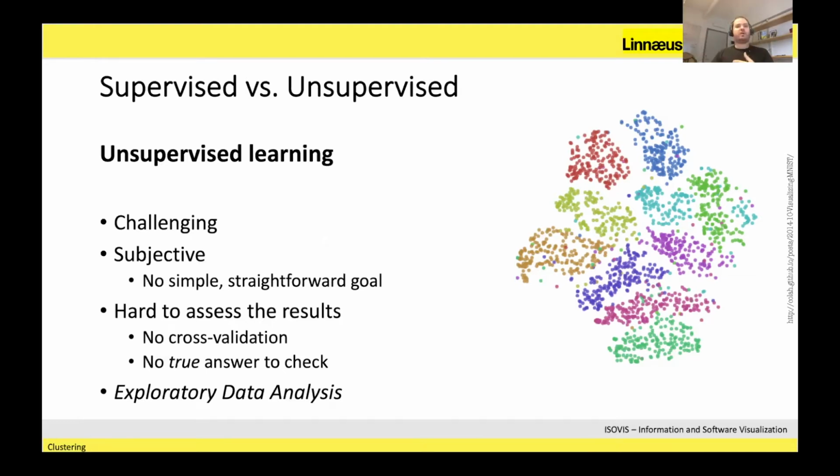They don't come from, let's say, a real world definition of what is right and wrong. So for example, if you're classifying between cats and dogs, then you have a way to assess these results that is quite straightforward. Well, if a cat is classified as a dog, then that's wrong, right? You know it because you know what's a cat and you know what's a dog. So it's very easy.